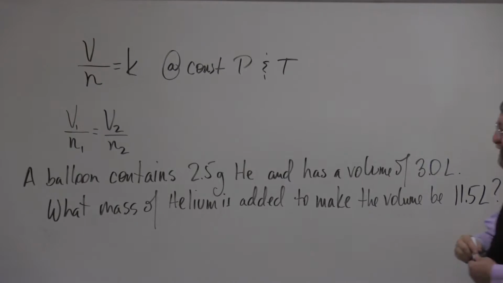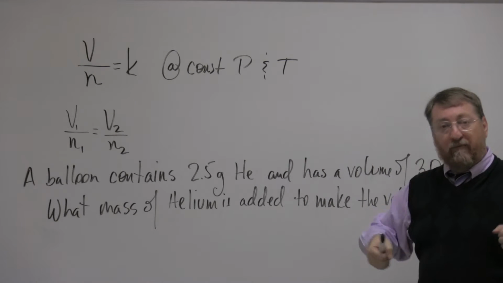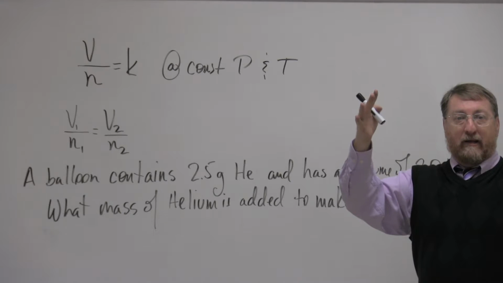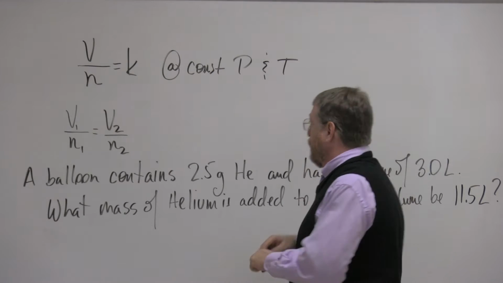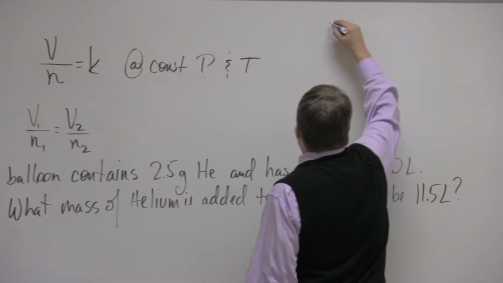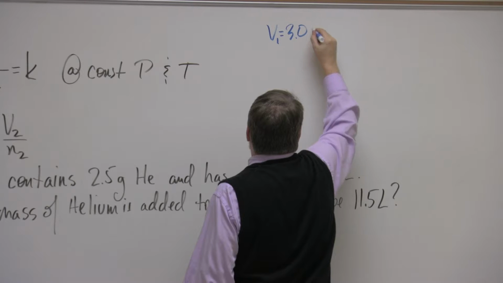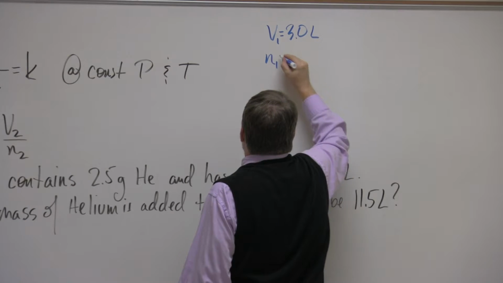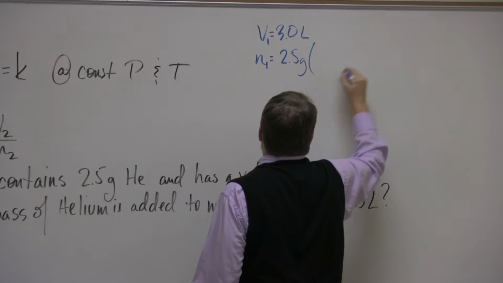So, we have some helium in the balloon initially. It has a volume. But if we reinflate it and expand the amount of helium in there, the volume is going to expand proportionally. So I can set up my variables now. V1 equals 3 liters. N1 equals 2.5 grams. But I need this in moles.